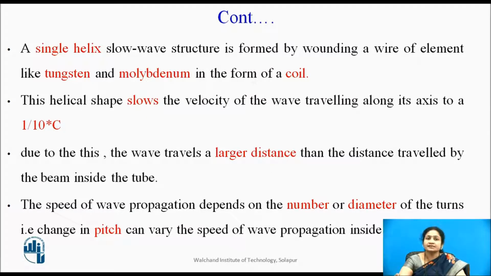The single helical structure is formed by winding a wire of elements like tungsten or molybdenum in the form of a coil. These helical shapes slow down the velocity of the RF field or wave traveling along the axis to 1/10 of that speed.